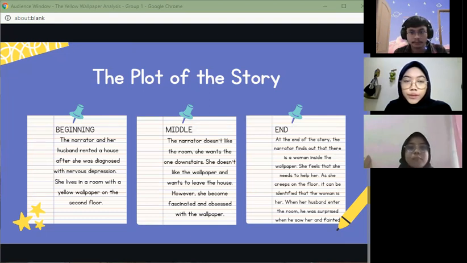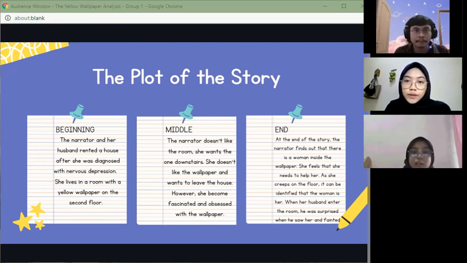She wants to help this woman out of the wallpaper, and then she starts to spend more time observing the wallpaper. And then here is the climax, when actually the woman inside the wallpaper is herself, the narrator herself. And then the narrator, who is willing to help this woman, starts tearing off the paper.